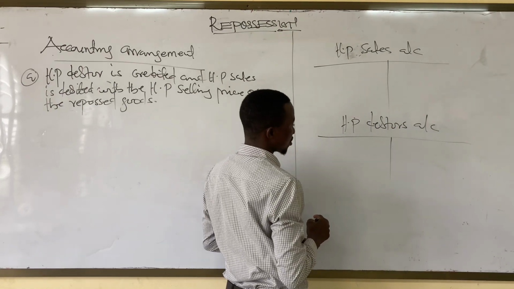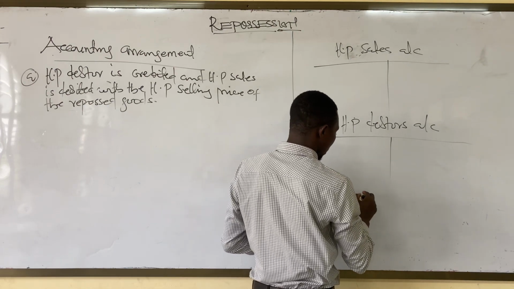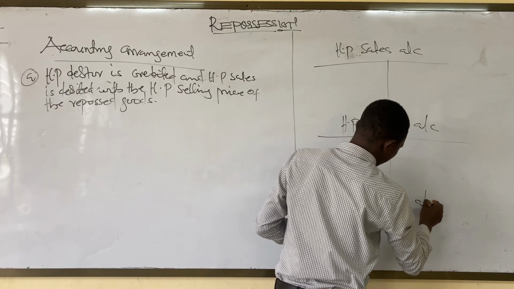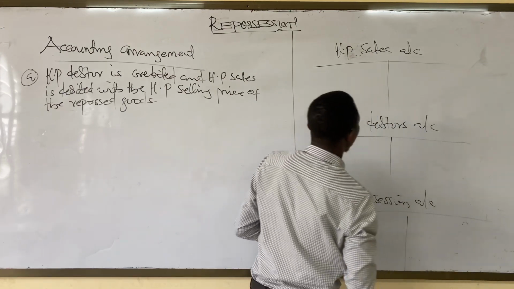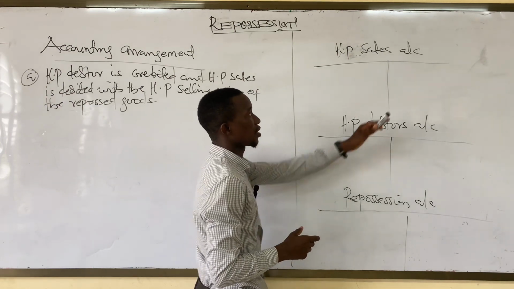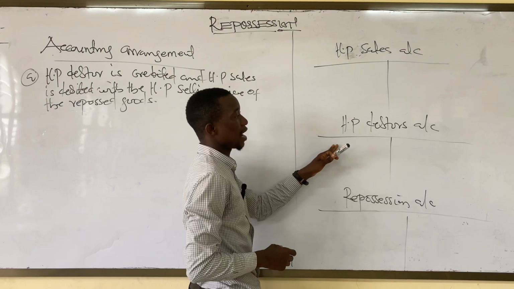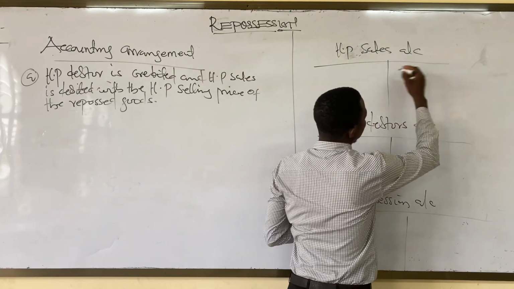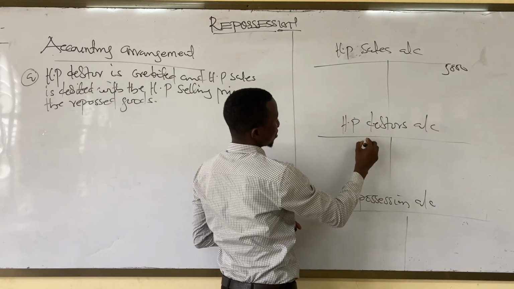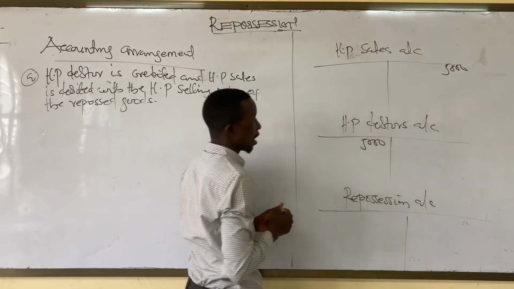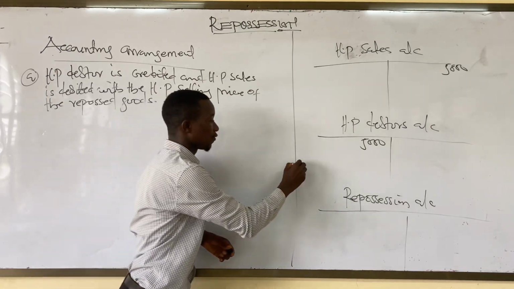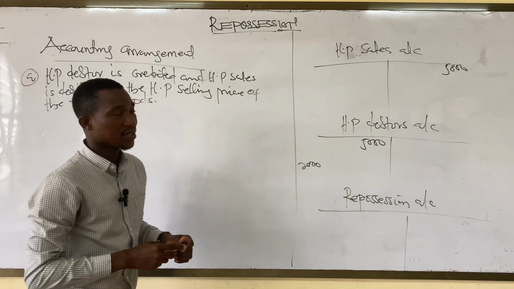As far as repossession is concerned, we may have a repossession account as well. We know that when we sell an item on hire purchase contract, what we do is that we credit hire purchase sales and debit hire purchase debtor. So let's say the amount is 5,000. We credit hire purchase sales and debit the hire purchase debtor. So when repossession occurred, let's say an amount of 2,000 has been repossessed.